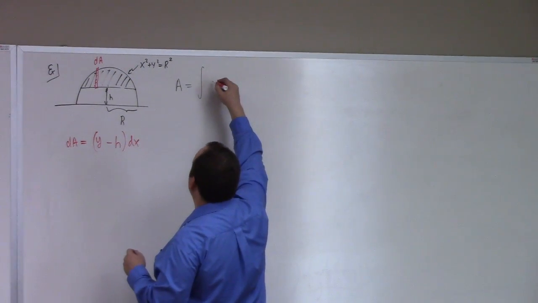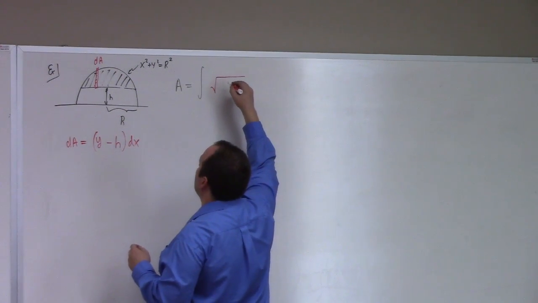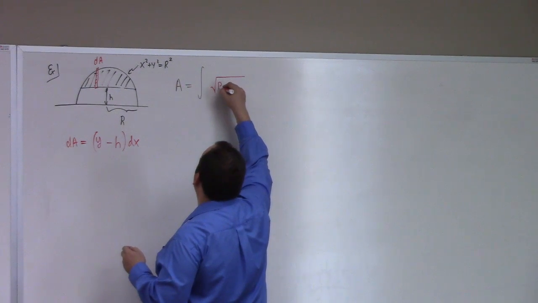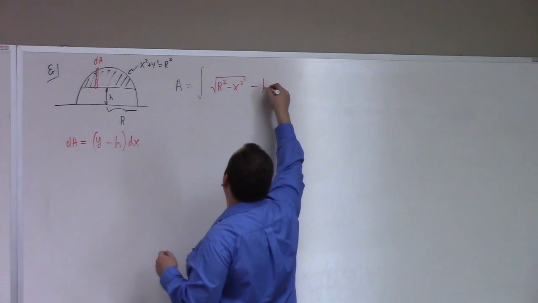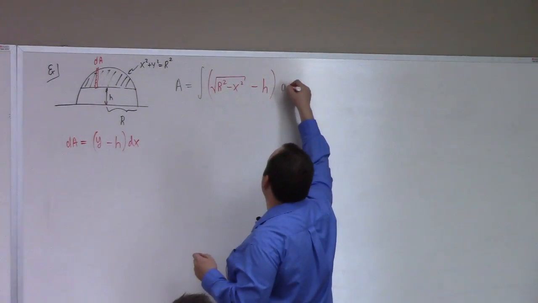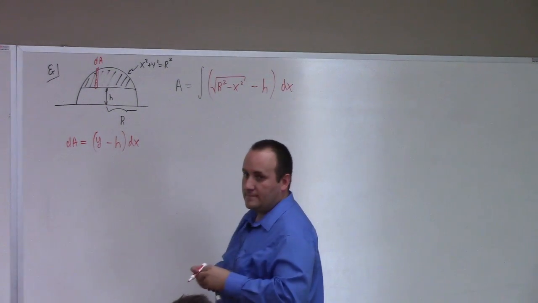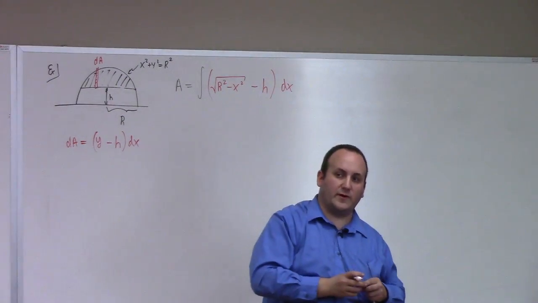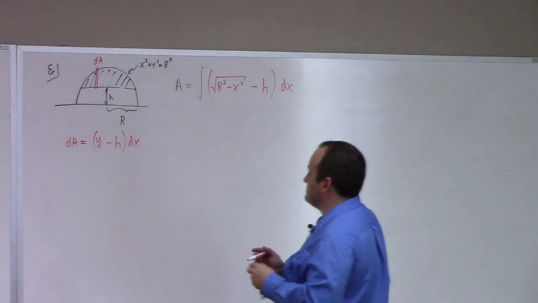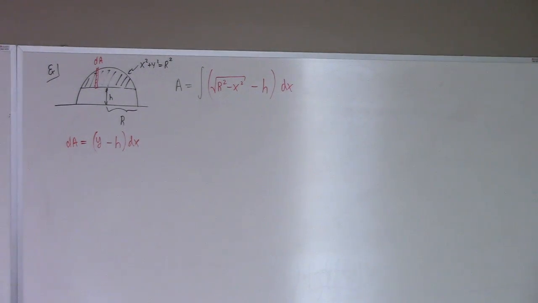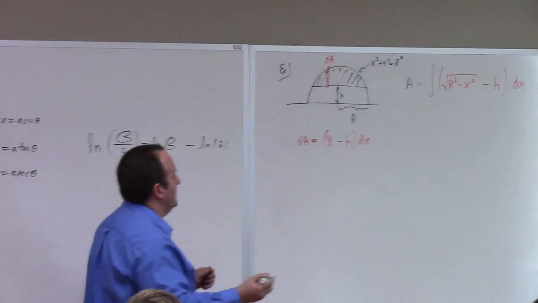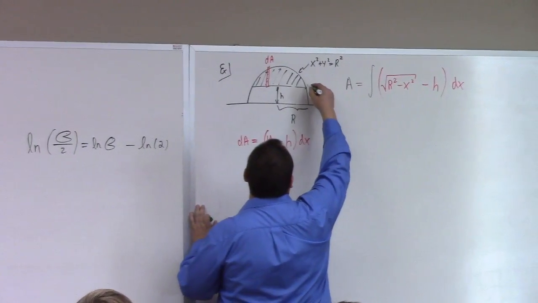And so we've got the square root of r squared minus x squared, minus h, dx. From where to where? How do you figure this out? We need to figure out these intersection points, don't we?